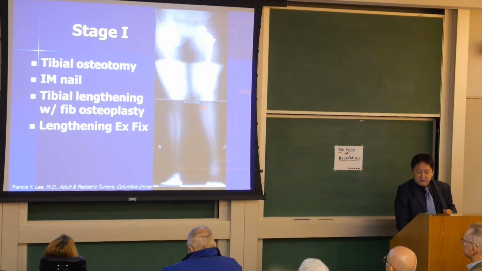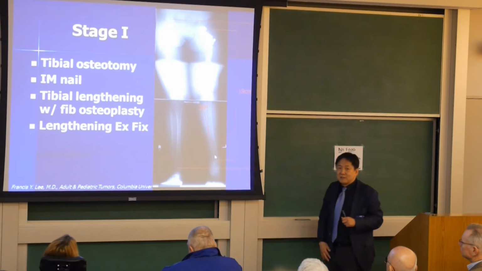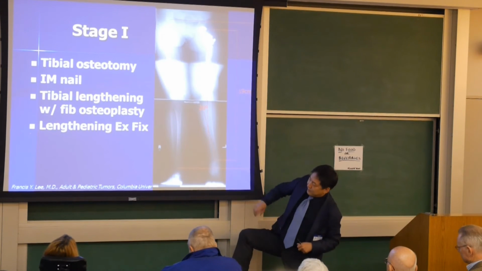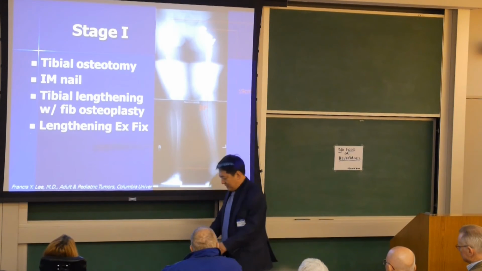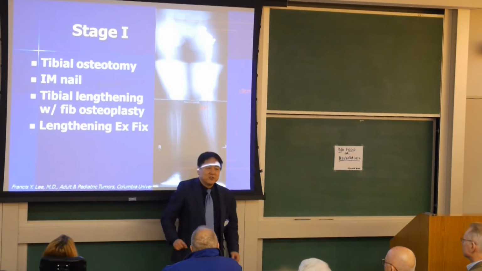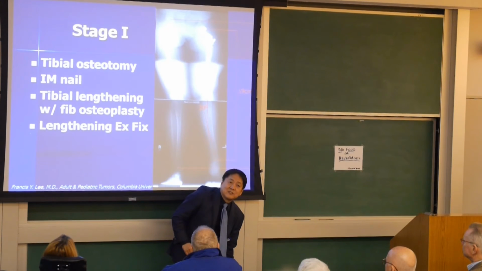Now she had 2 different issues. One is she has about 10 to 15 centimeter limb length discrepancy, and as a result, she has been walking on tiptoes. And when you walk on your tiptoes for several years, you develop Achilles tendon contracture and ankle contracture.